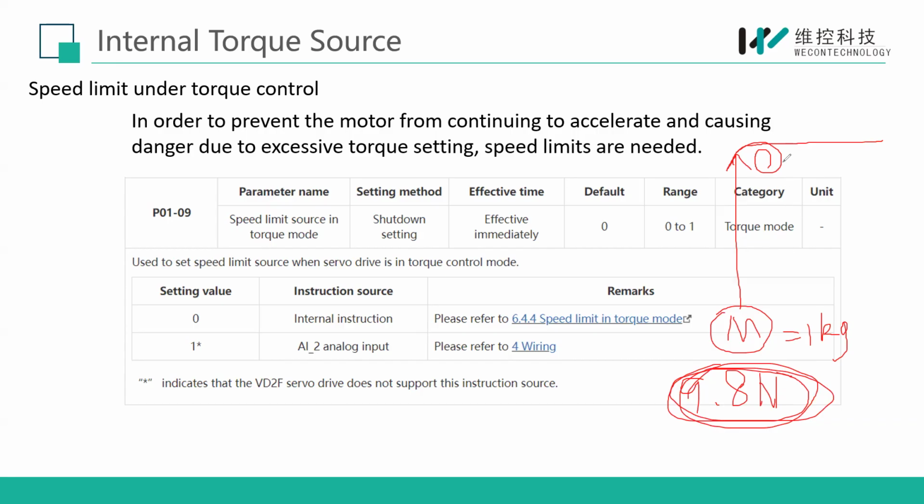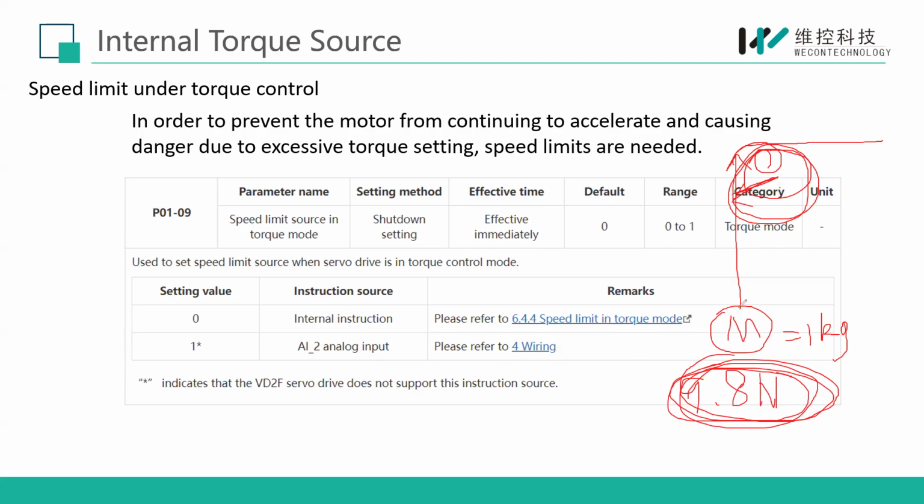And also here you may have a wheel to rotate to move this. So the torque will be based on the weight of our load, and also based on the ratio of this wheel.